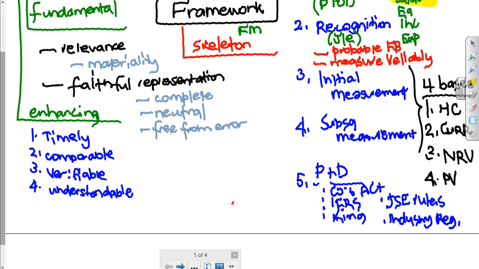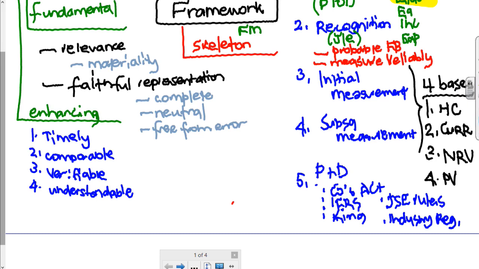So for example, if you're in banking, there's certain disclosures that you need to do because of industry regulations. So presentation and disclosure is not covered in framework. It's covered in all these other places. And when you learn about these other sections, that's when you will learn about what specific disclosures there are.